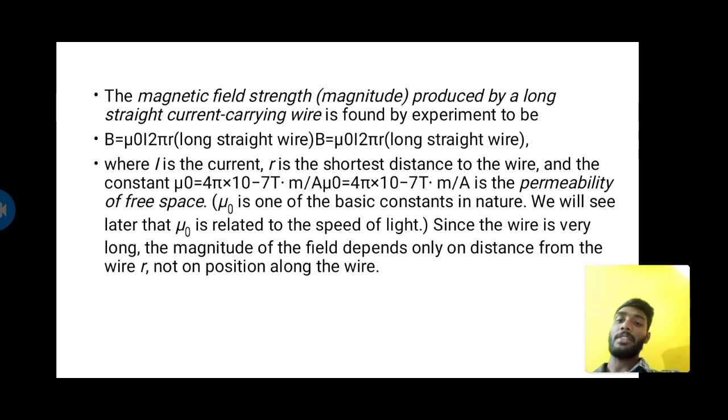Mu naught is one of the basic constants in nature. We will see later that mu naught is related to the speed of light. Since the wire is very long, the magnitude of the field depends only on the distance from the wire r, not on the position along the wire.